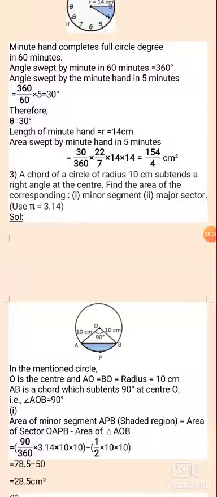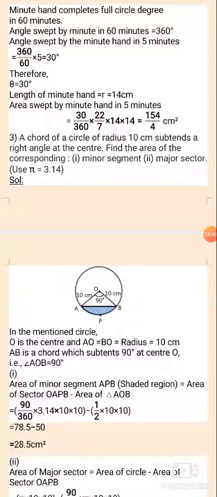The area of a right angle triangle is half into base into perpendicular height, that is half into 10 into 10. At last, 78.5 minus 50, which is equal to 28.5 centimeter square, which is the area of the minor segment.